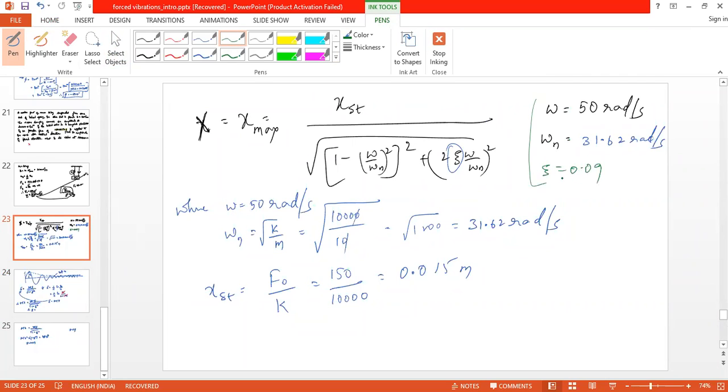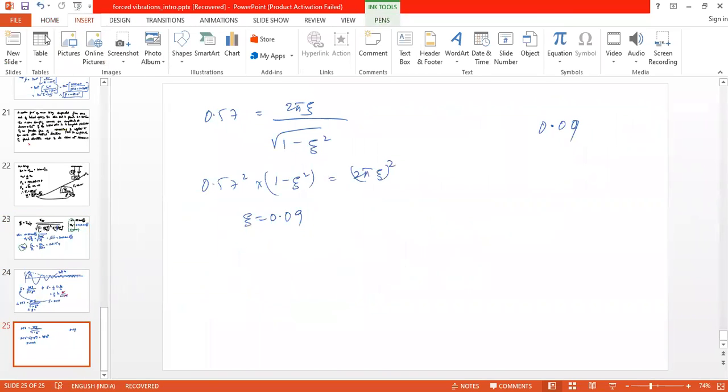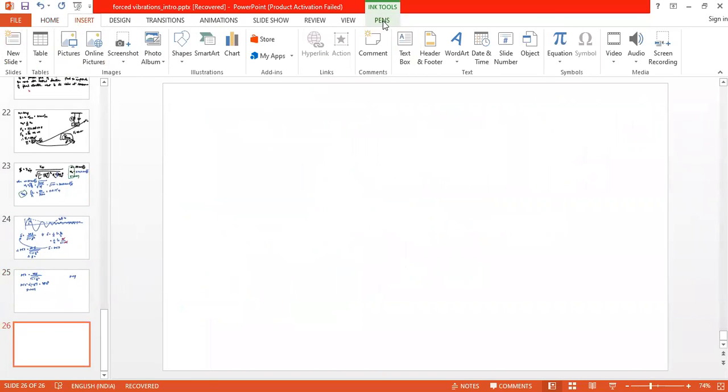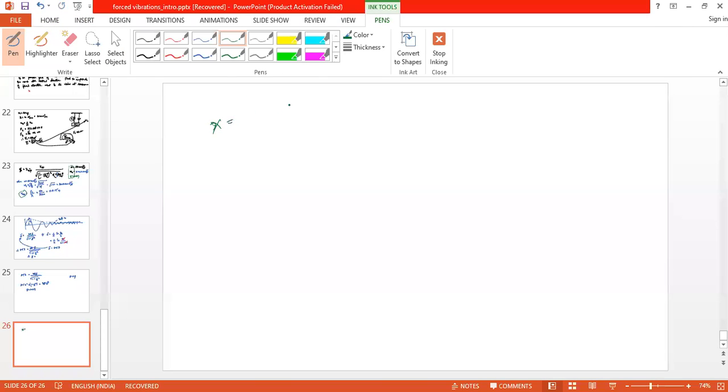So can you substitute all the values here along with xst and get the value of x? That is x is equal to xst divided by root of, you need to remember this equation, 1 minus omega by omega n whole square plus 2 zeta omega by omega n whole square.